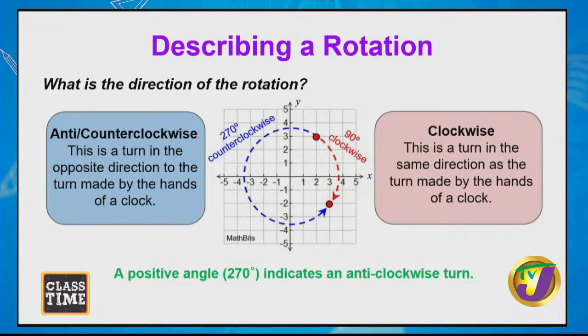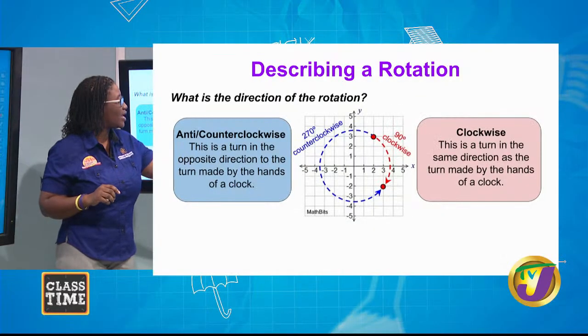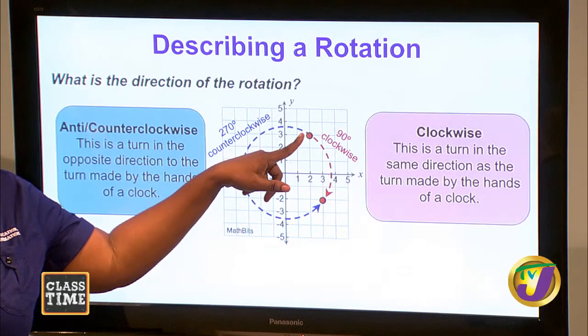All right. I want you to look at this image in the middle, and I want you to tell me what you notice about the degrees, the angles of turning. First of all, I'm noticing the original is this red dot right up at the top here.